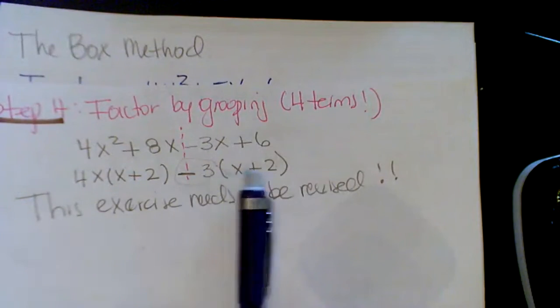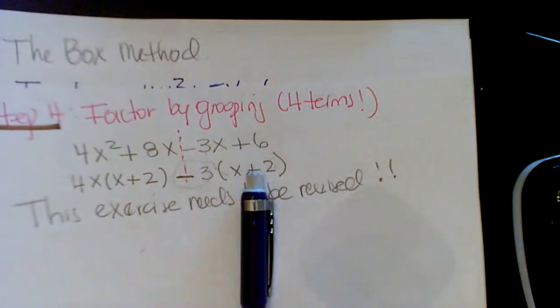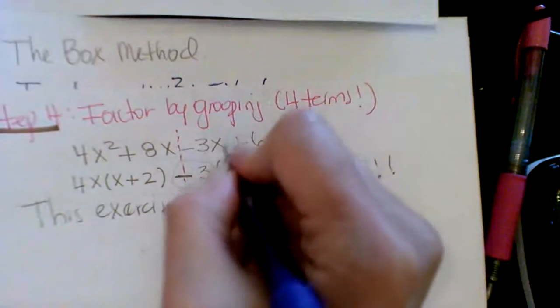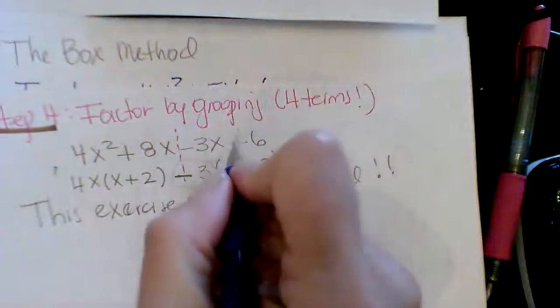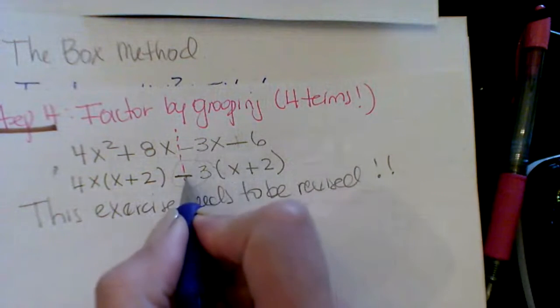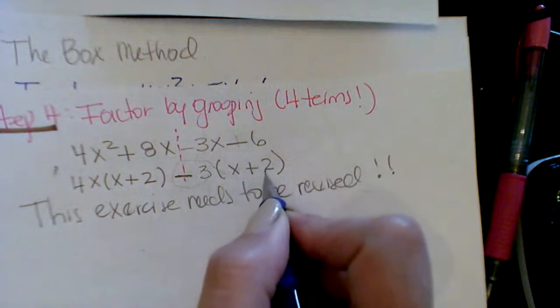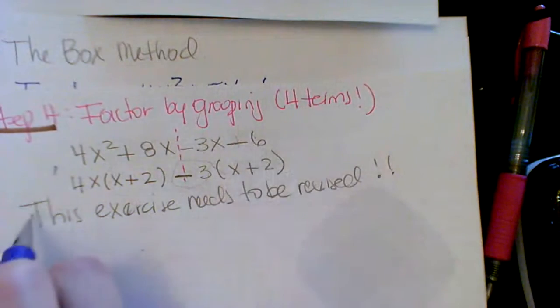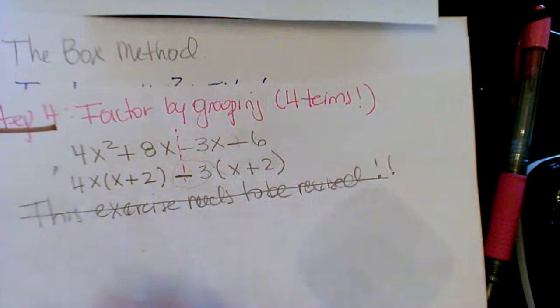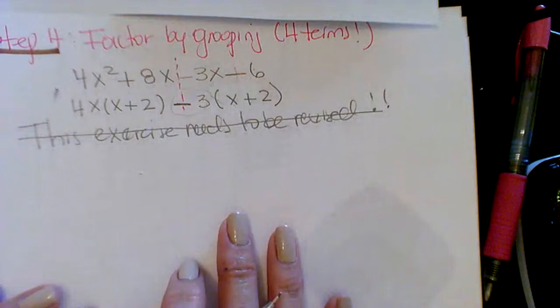That's why I was thinking, no, it doesn't make any sense. And right here, this is negative. So of course, when I multiply negative 3 times positive 2, I get negative 6. So we just revise it. Right now, this is what we have.